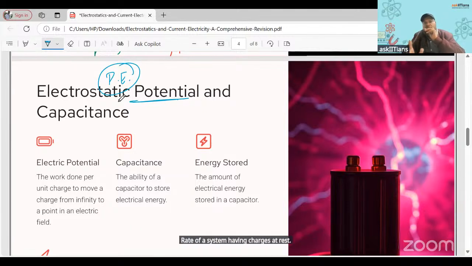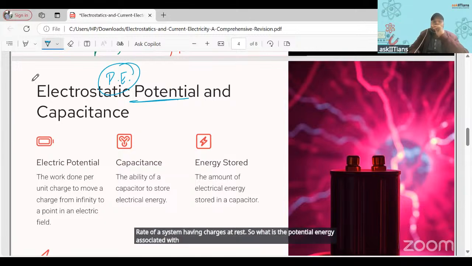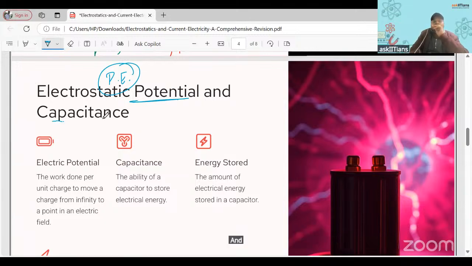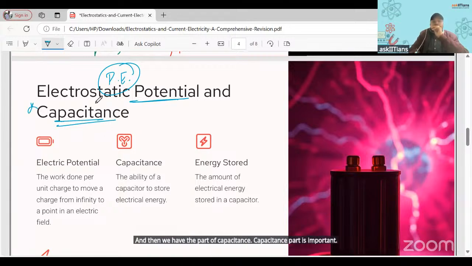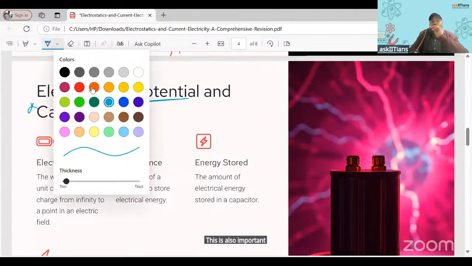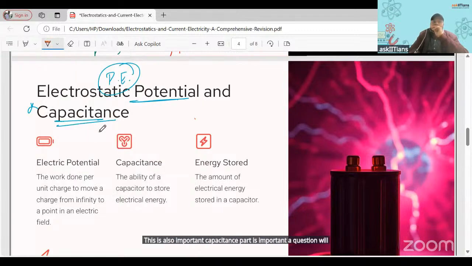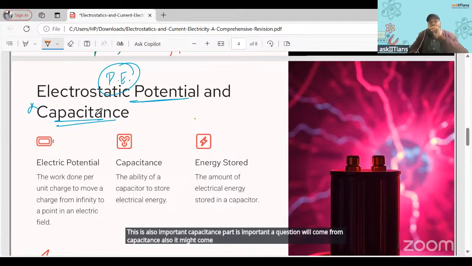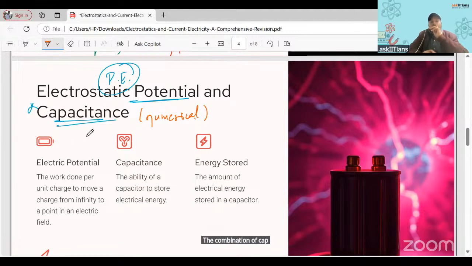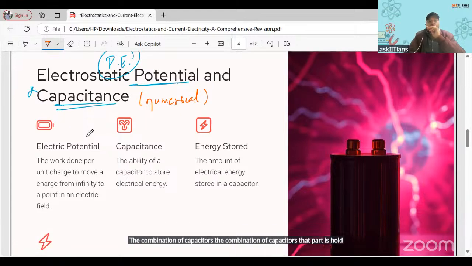Then we have the part on capacitance. The capacitance part is important; a question will come from it, in MCQs and in a numerical context. Capacitance is important from a numerical point of view, and the combination of capacitors holds significance.